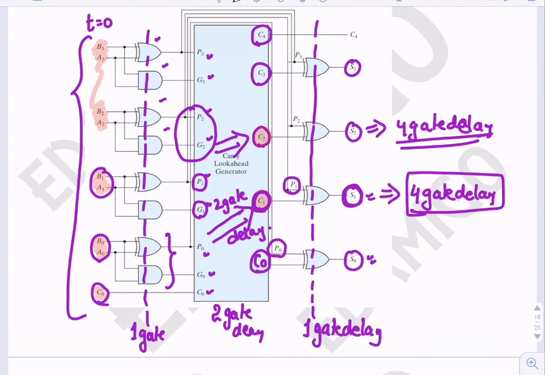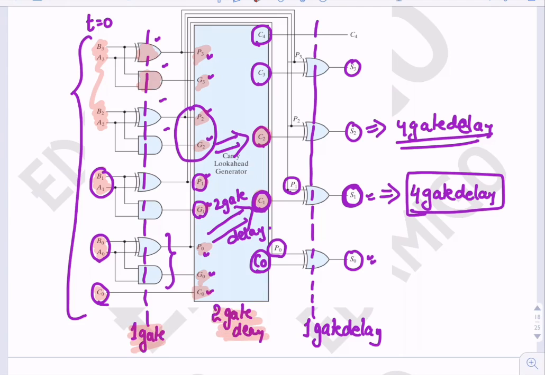So P3, G3, P2, G2, P1, G1, P0, G0 are all available after a single gate delay. I'm assuming that the delay of XOR and AND are the same, just taking a single gate delay; otherwise the gate having more delay will dominate.